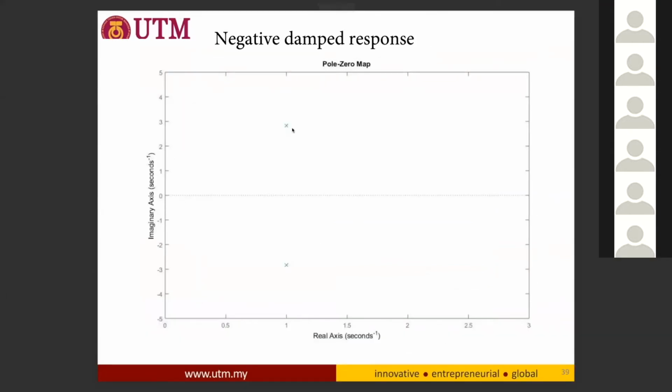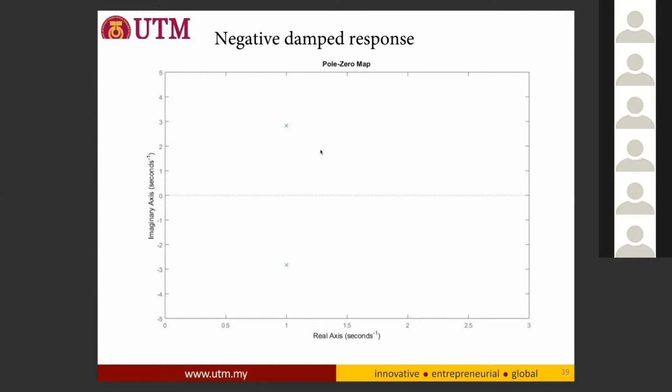Okay. So what is the value of the poles in this negative damped response? So what is the value of the poles here in this pole-zero mapping? Can somebody tell me?